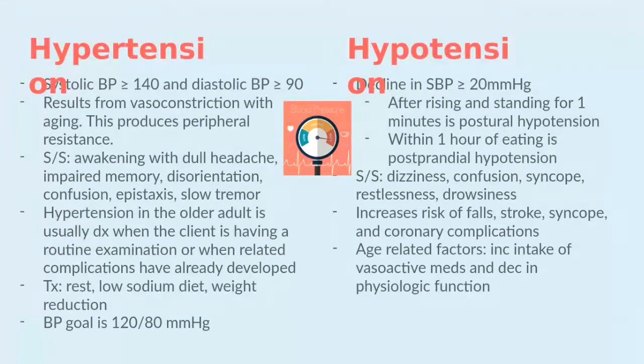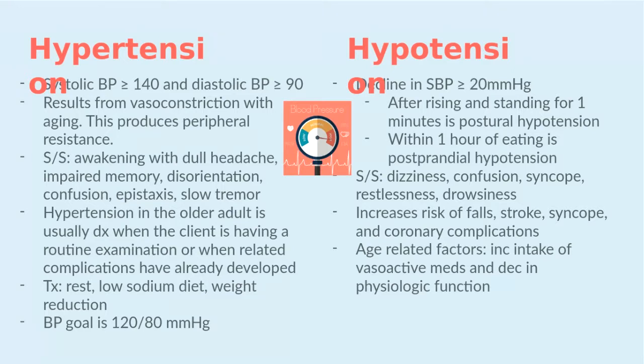So nurses should try to carefully assess the patient's blood pressure by checking it several times with the patient in standing, sitting, and prone positions. The treatment is generally rest, a low sodium diet, and weight reduction. And the blood pressure goal is 120/80 mmHg.